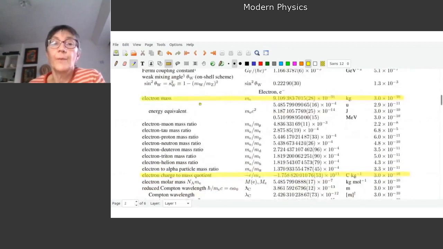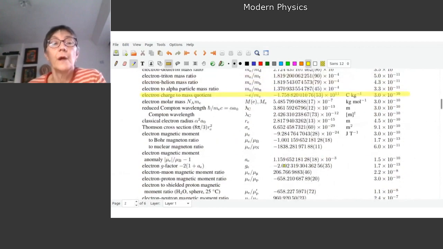We have also the electron mass, we don't know it, but you have the ratio of electron charge to mass quotient, minus E, because this is negative. And you have here up to 75.88, this is the same. So after that you have 20 something, okay. And so this is a very good measurement actually.